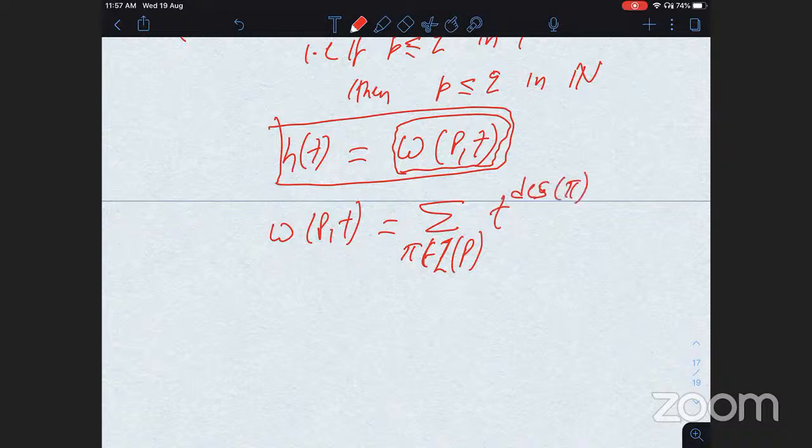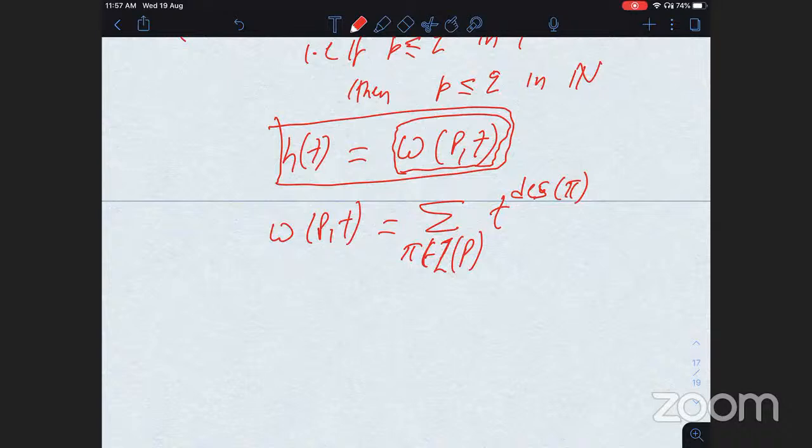So we look at the descents in pi and count them. Descent is defined in the usual way: pi of i is greater than pi of i plus 1, so there is a descent at the ith position.